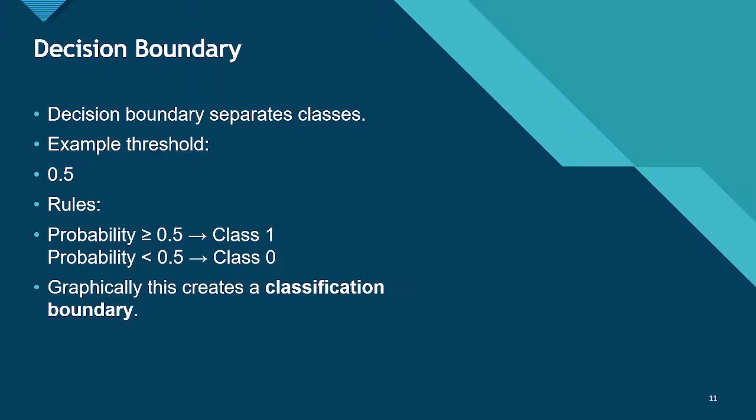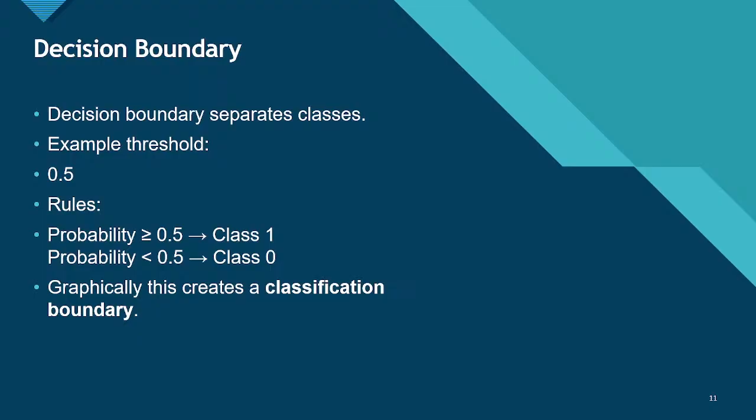What is the decision boundary and why are we using it? The decision boundary separates the classes. Once our logistic regression model calculates the probability that an instance belongs to a class, we need a rule to assign the final class label.